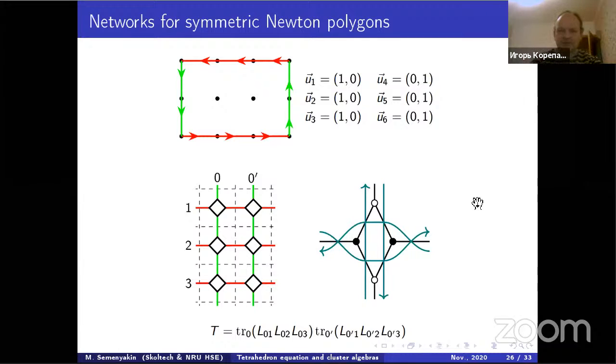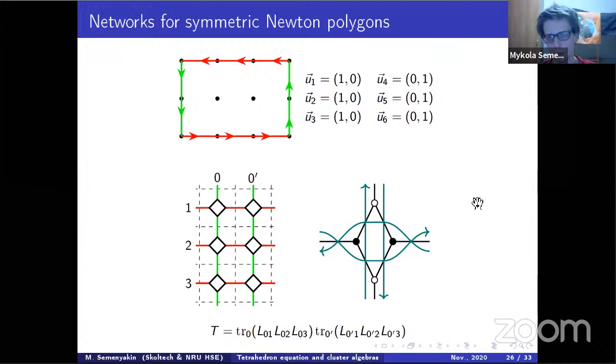So what is the relation or interrelation between these dimer type models and the tetrahedron equation? Does it give a new way of thinking or a new representation? What new was brought by the observation that tetrahedron equations and planar networks are interrelated? In my opinion, first is the observation that we can construct an integrable system with any spectral curve.